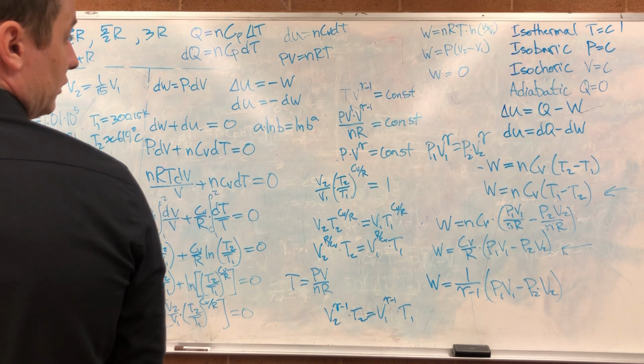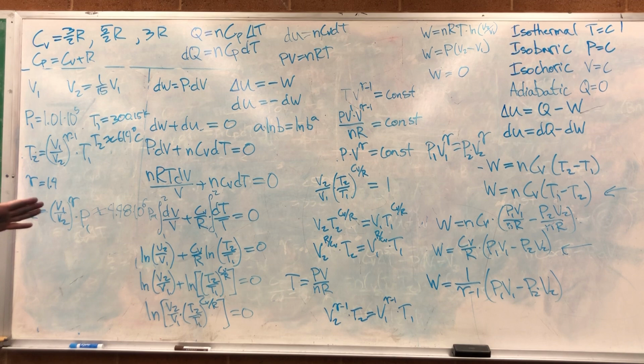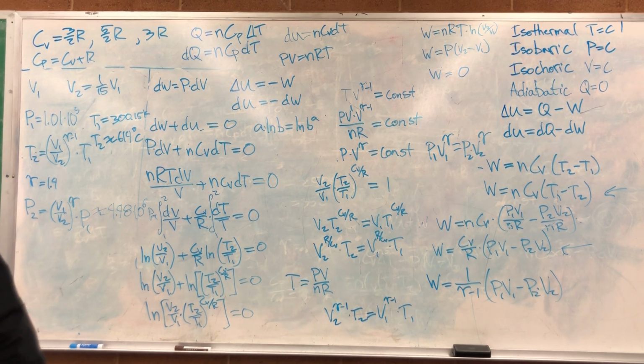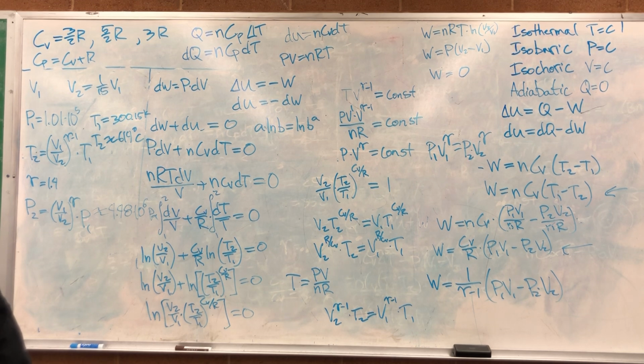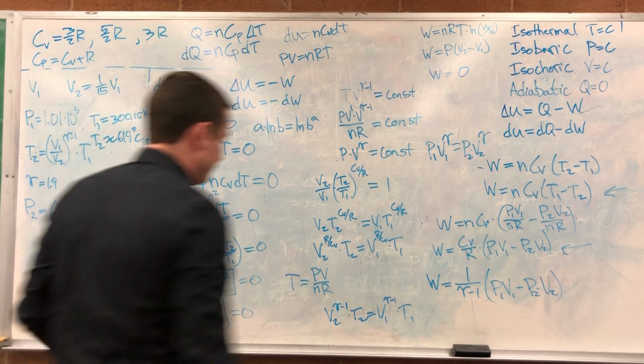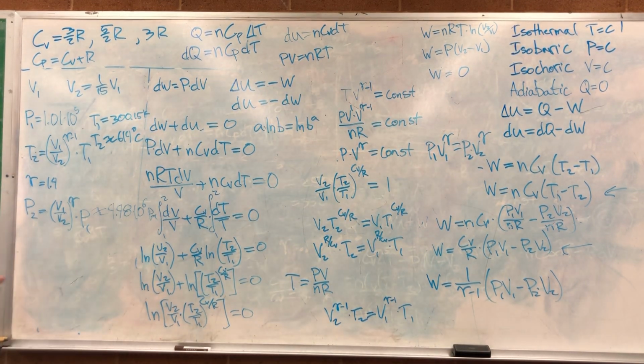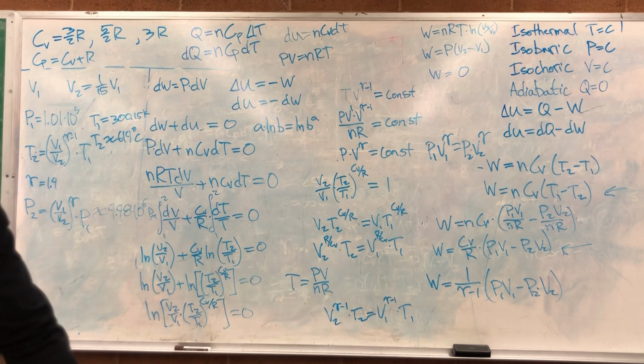So it might be easier to use just CV, and then T1 minus T2, the temperature. Let's see which one they use. P1 V1 minus P2 V2, if I'm not mistaken. Alright, let's just do the algebra with this and then plug in. So, how are they going to get the volumes to cancel?